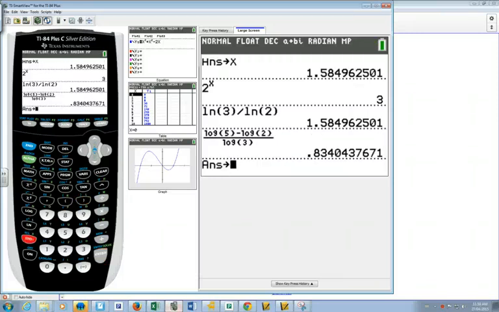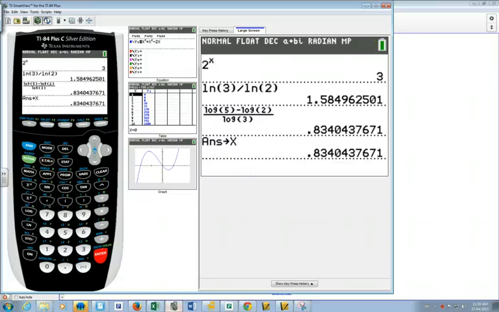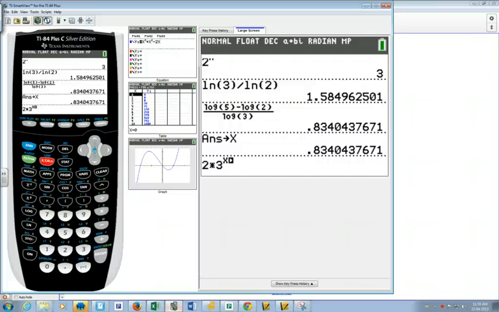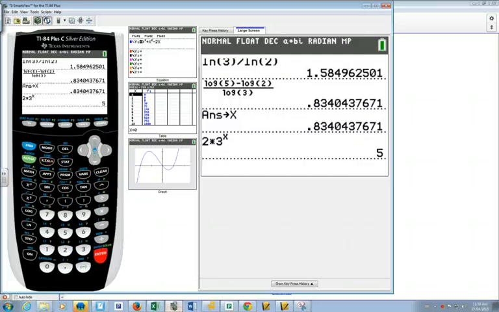Again, I'm going to store that answer and then check back to my original equation, which was 2 times 3 to the power x, and see if it's equal to 5, which I wanted it to be. So again, it's very nice that you can plug things in to check to see if they're right.